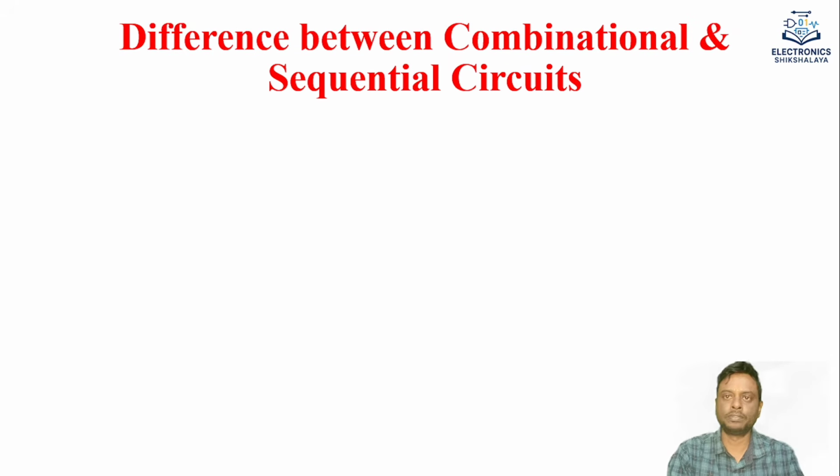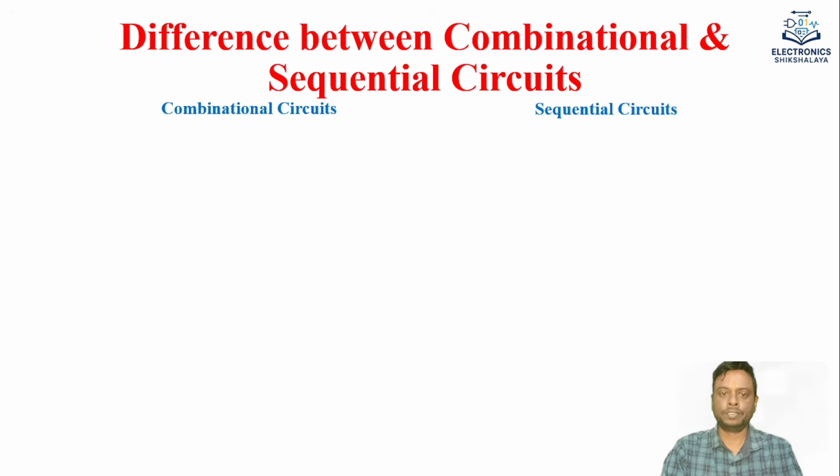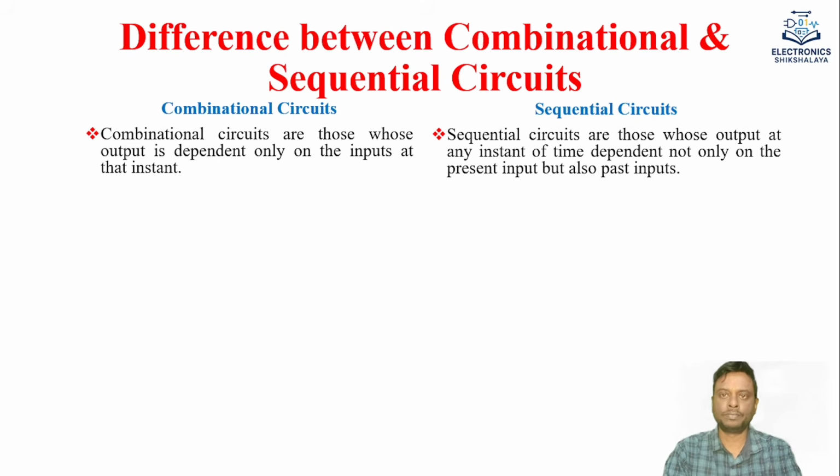So now the differences between combinational circuits and sequential circuits. A combinational circuit, as I have told you, is a circuit whose output depends only on the present inputs at that instant of time. Sequential circuits are those circuits whose output at any instant of time depends not only on the present input but also on the past history of the inputs.